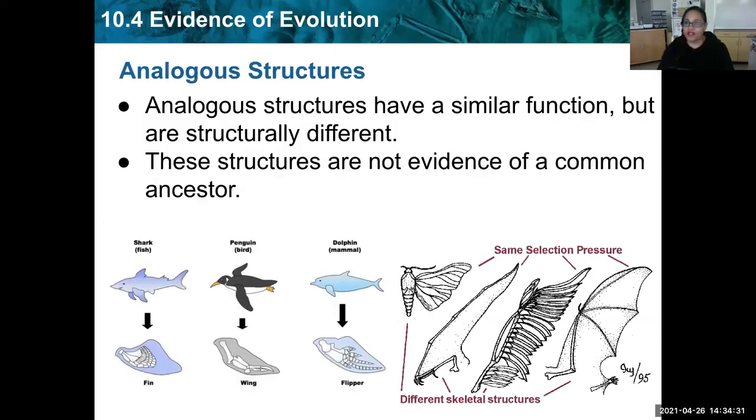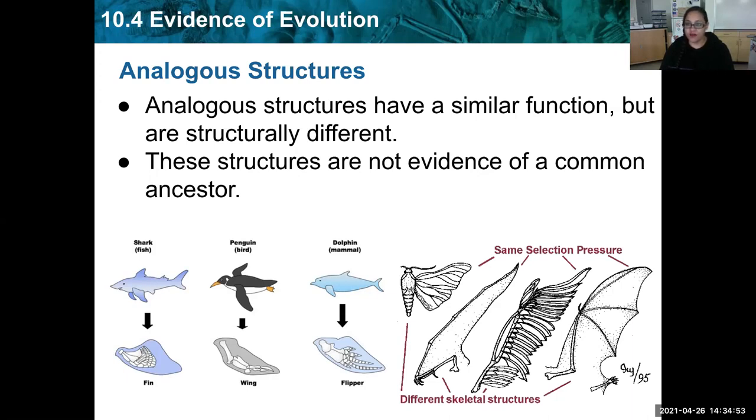The opposite are called analogous structures. These have a similar function, but they are structurally different. If you remember what the word homologous means, same structure, you'll remember those have the same structure but different functions. These are the opposite, same function, but different structures. And these are not evidence of a common ancestor.